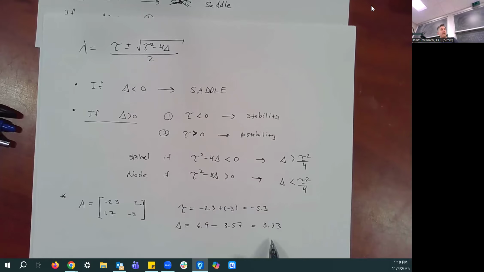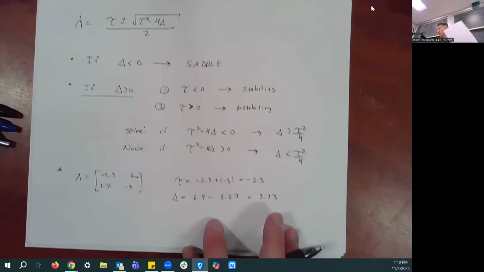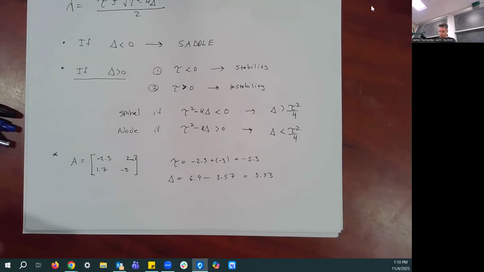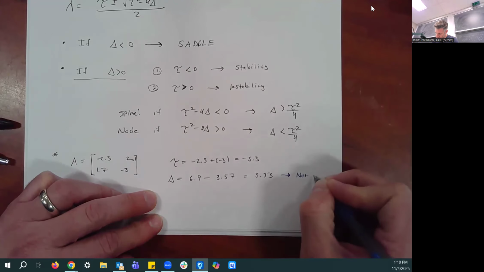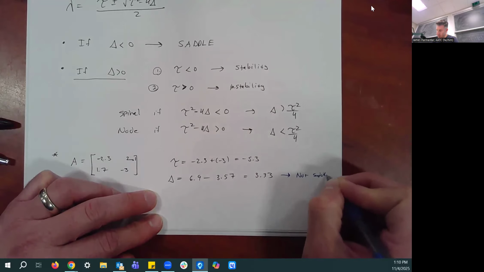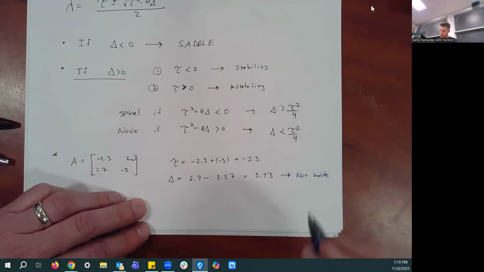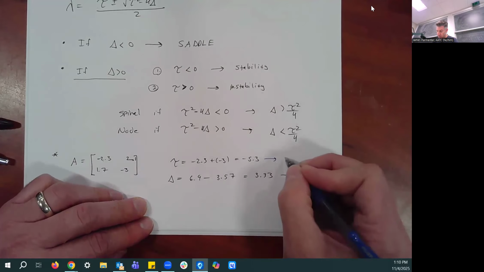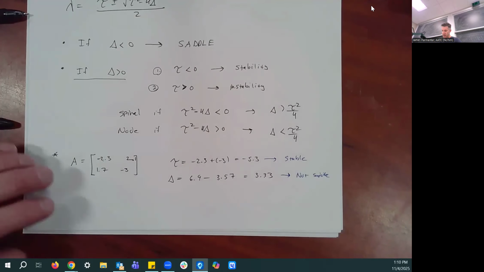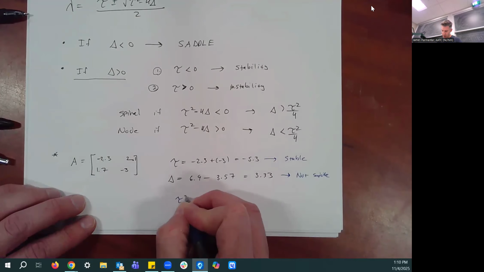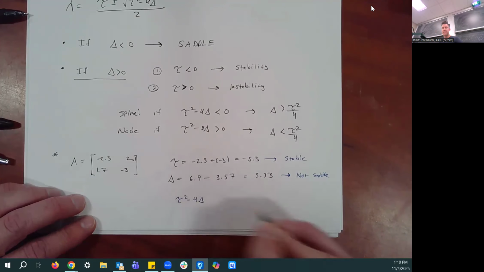So the determinant's positive, meaning it's not a saddle. Trace is negative, so this is telling us not a saddle. So it's either a spiral or a node. This being negative is telling us it's definitely stable. And then all that's left to compare is the trace squared minus 4 times the determinant.